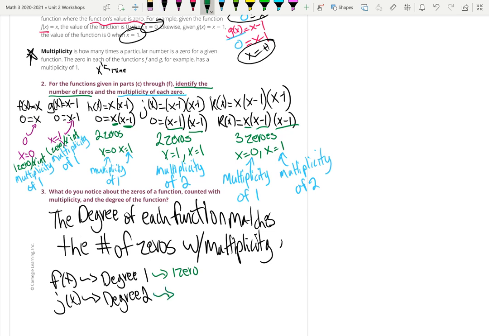It has 1 zero, but with a multiplicity of 2. 1 times 2 is 2. So that's basically how the degree interacts with the zeros. And when a zero is repeated, we use the term multiplicity.